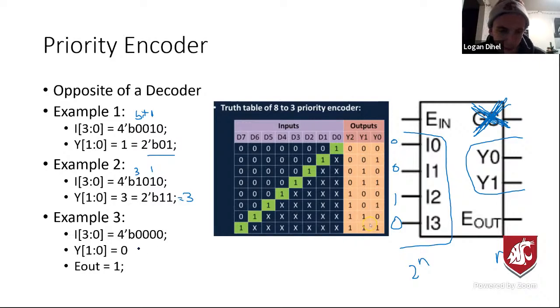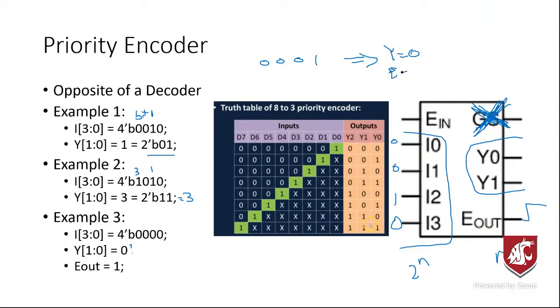And then the corner case is, what if they're all 0? In that case, it doesn't really matter what we make y, but we set this error bit high to show that there was an illegal input. Because if we have 0001 as our input, then we would output y equals 0, and the error would be low, because that's a legal output.